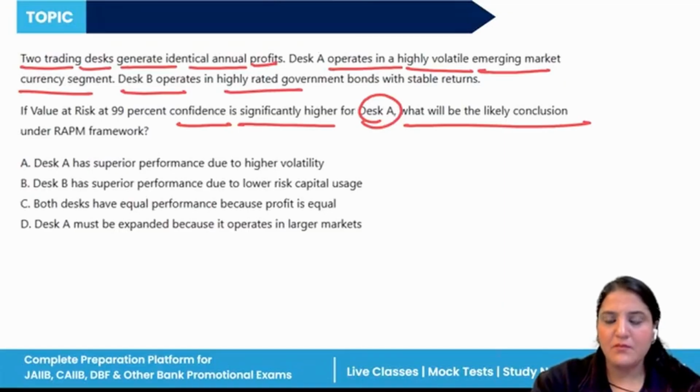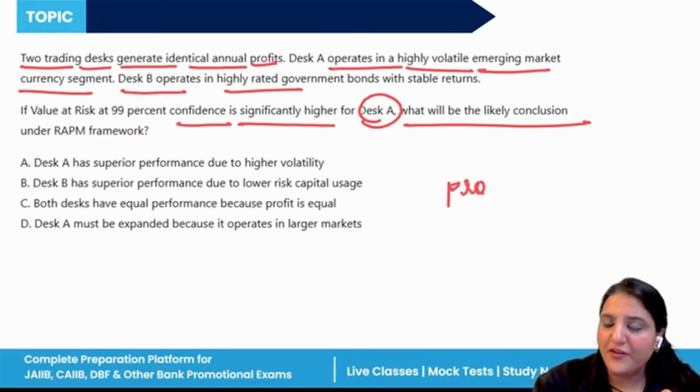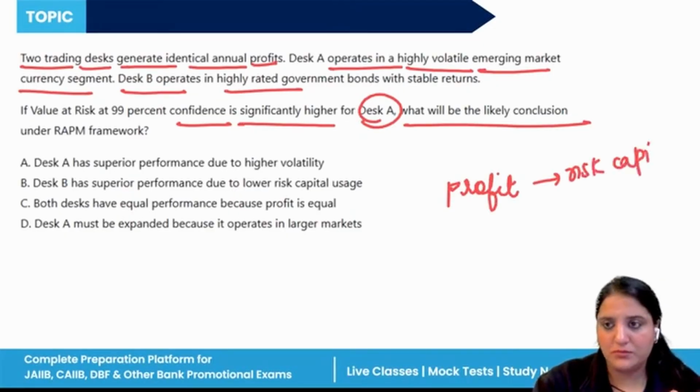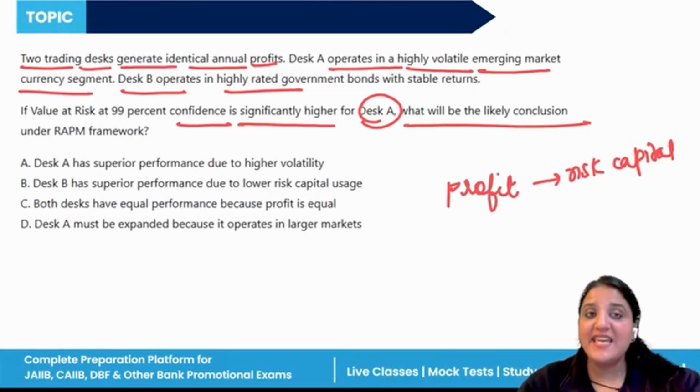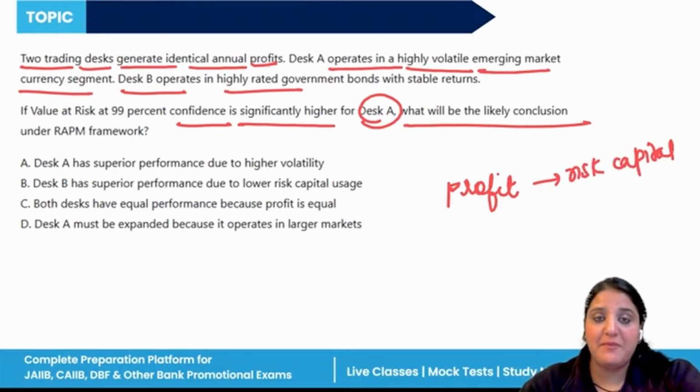See, RAPM compares the profit with the risk capital, right? So desk A needs more capital here because obviously risk is high, and desk B needs less capital.